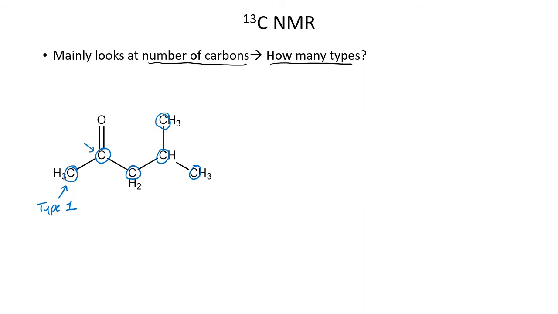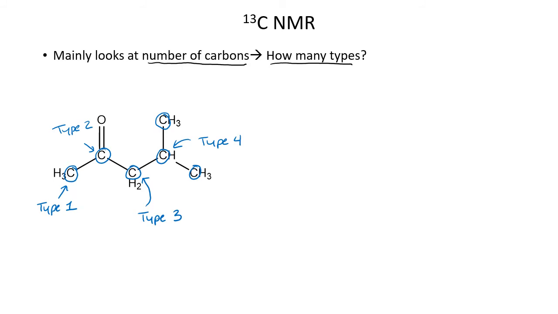So that'll be a second type. We have a carbon in a CH2 group that's connected to a carbonyl as well as a CH. Again, that's the only carbon that can be described in that exact way. So that's type 3. We have the carbon of the CH group that is connected to 3 other carbons. It's the only carbon with that exact same description, so we'll call that type 4.